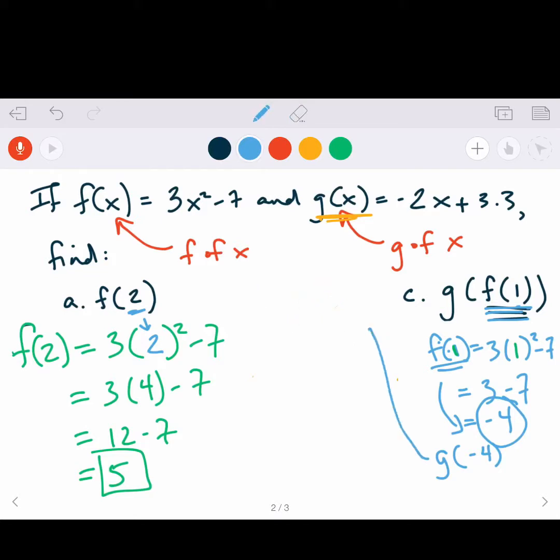So we'll finish this up. So now I'm taking my g of x function, which was given to you. I'm always going to give that to you. Plus 3.3. And we figured out that was negative 4. So now I have 8 plus 3.3. So I'm going to have an 11.3.